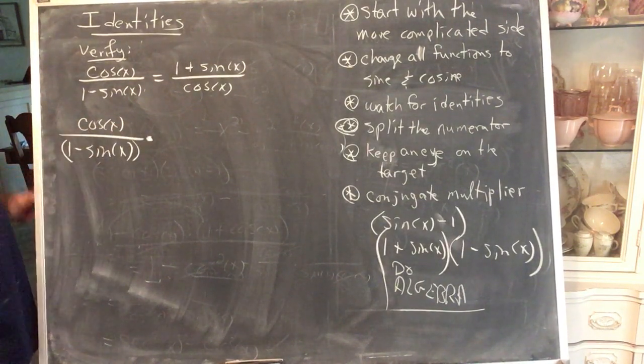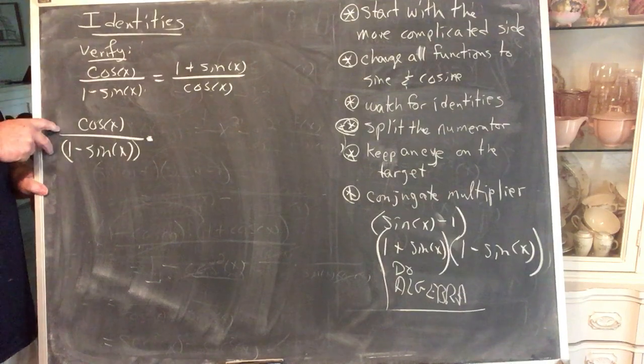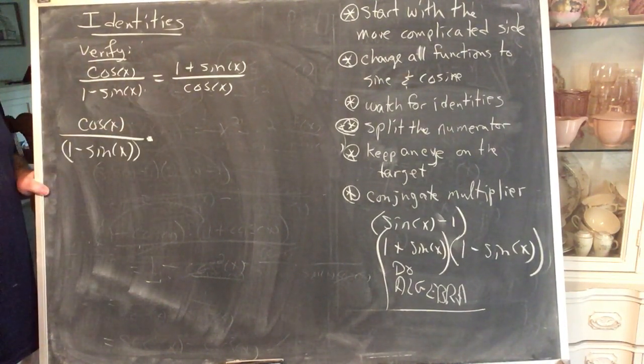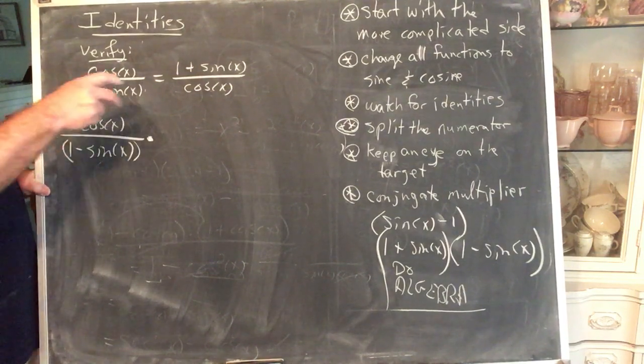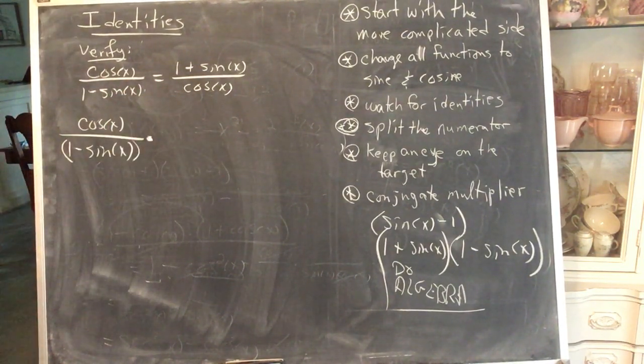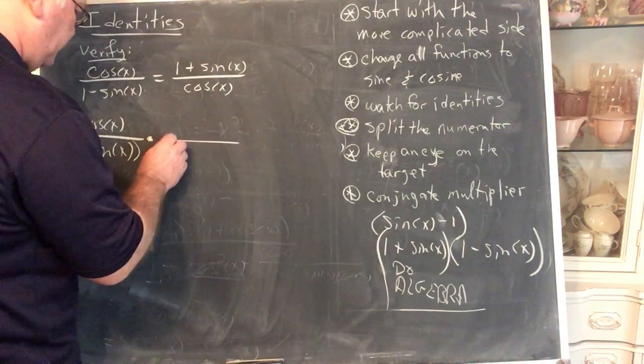Take this expression. Here's the technique. I'm going to take this expression and multiply it by 1. If you take this expression and multiply it by 1, you have not changed the value of the expression. What you may not do is this.